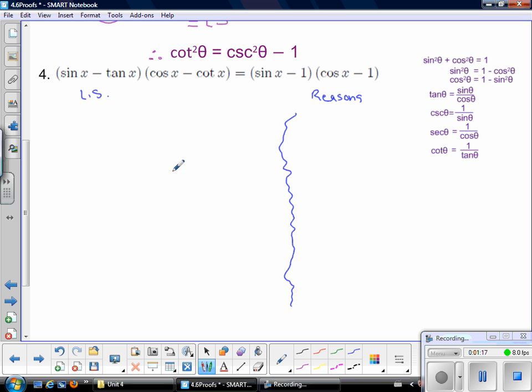I'm wondering if I should do FOIL before I do anything else, or should I substitute the tan with the quotient identity, or should I get rid of this reciprocal function?